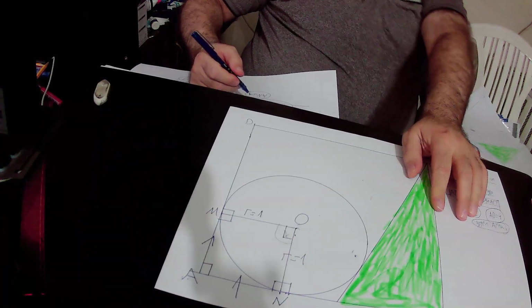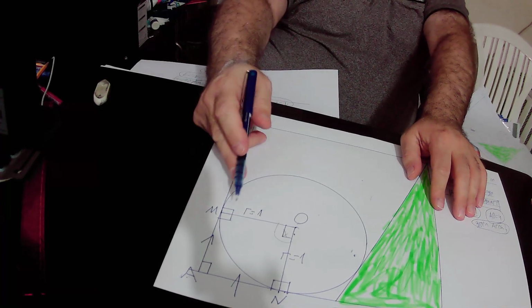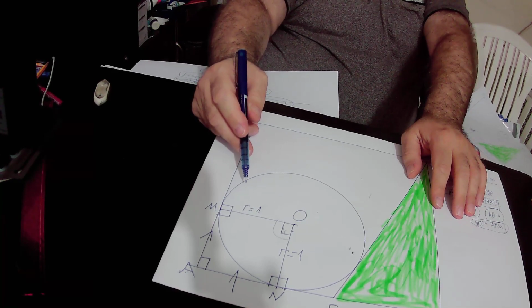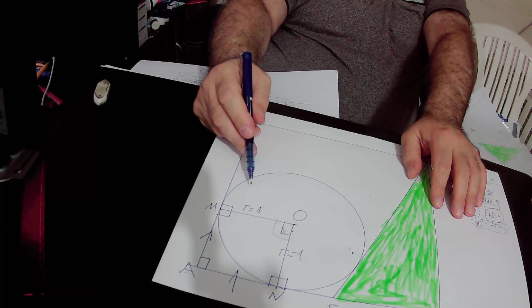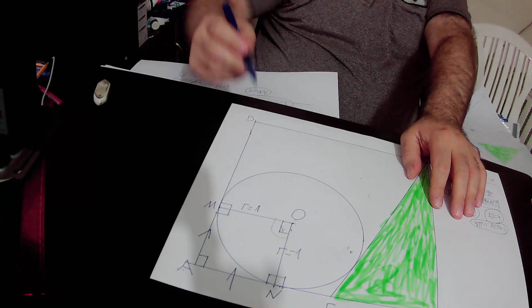So as you can see in the drawing, quadrilateral MOAN has 4 right angles and it also has 4 equal sides. All of its sides are equal to 1 unit.